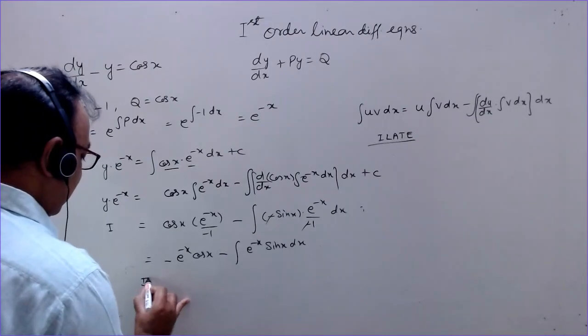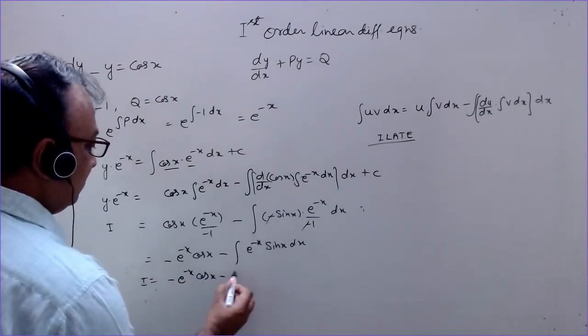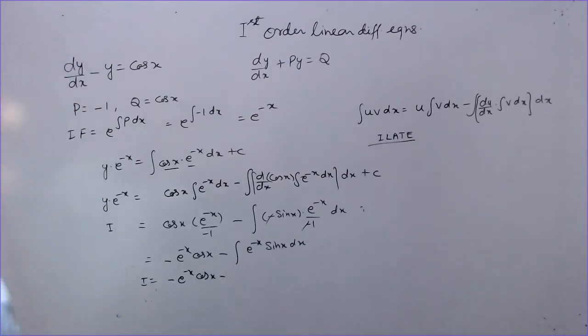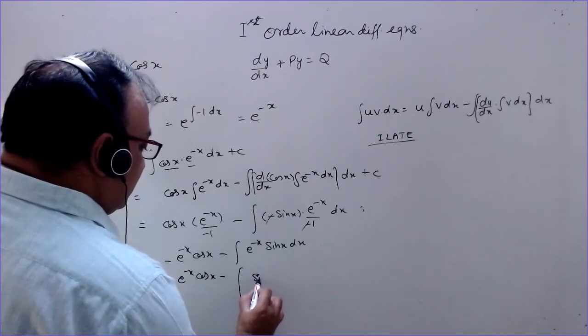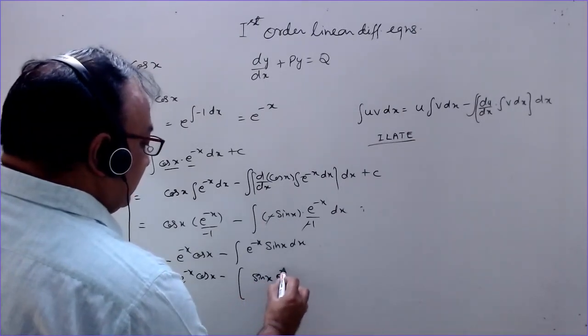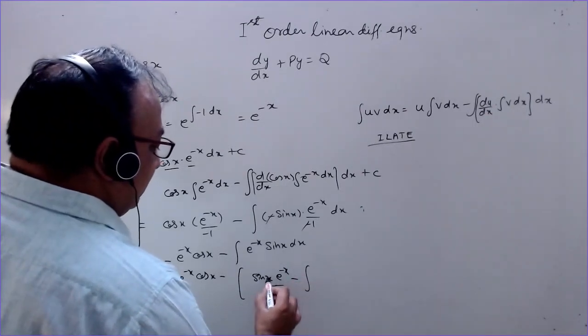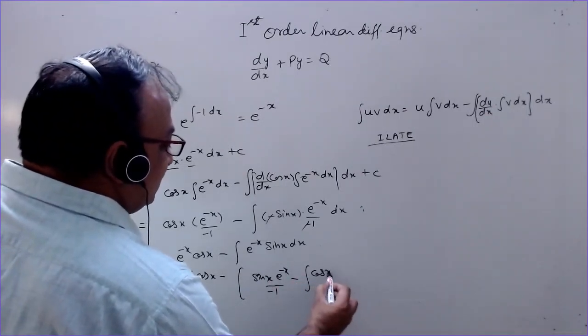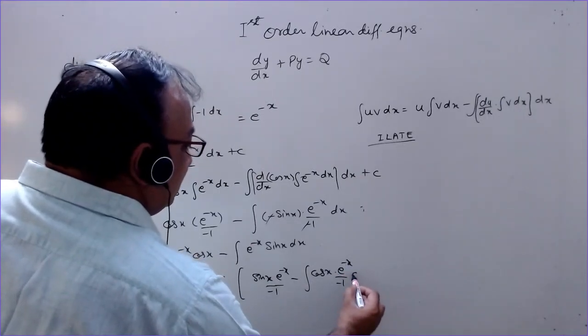So I is equal to minus e to the power minus x cos x minus, here again we will do the integration by parts, taking sin x as the first function and cos x as the second function. So first function into integral of second function minus d by dx of sin x, which is cos x, into e to the power minus x over minus 1 dx.